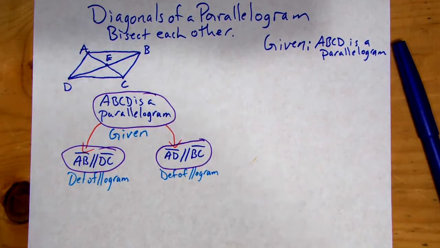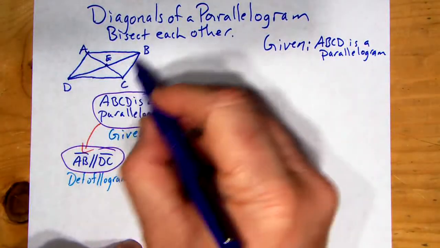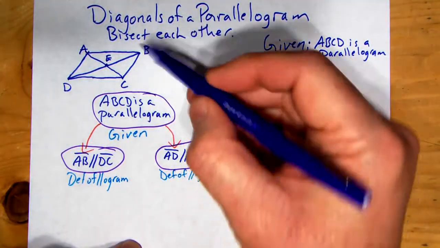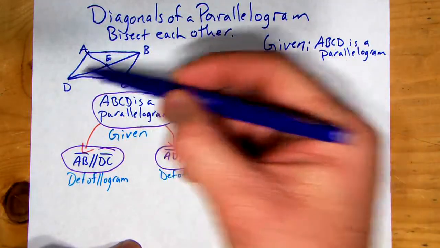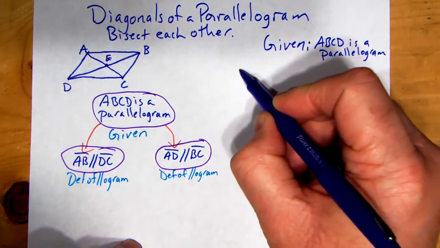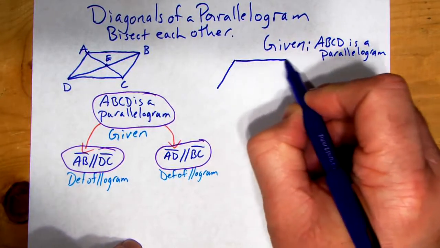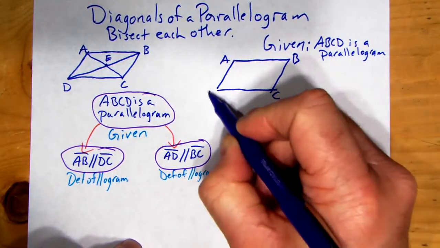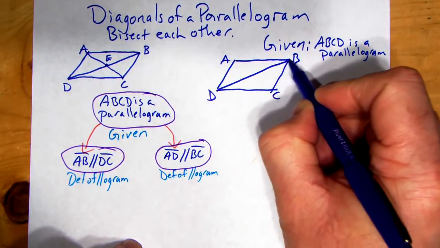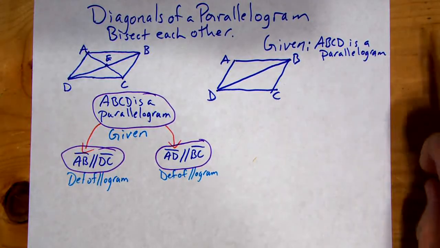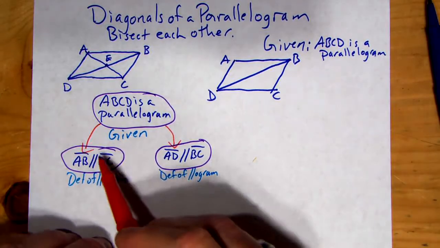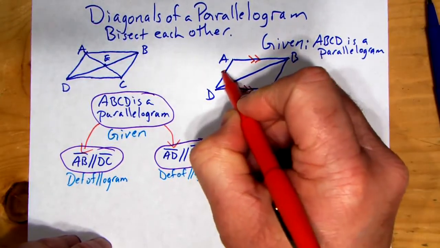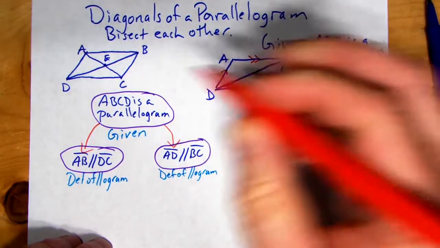Okay, so at this point it might help us to draw a smaller or a different picture of this that's not quite so cluttered. Because from our plan we know we need to prove that BC and AD are congruent. So I might redraw my picture over here with A, B, C, and D, but only draw in diagonal BD. And what this is going to allow me to do is now I've said that these two sides are parallel and these two sides are parallel.